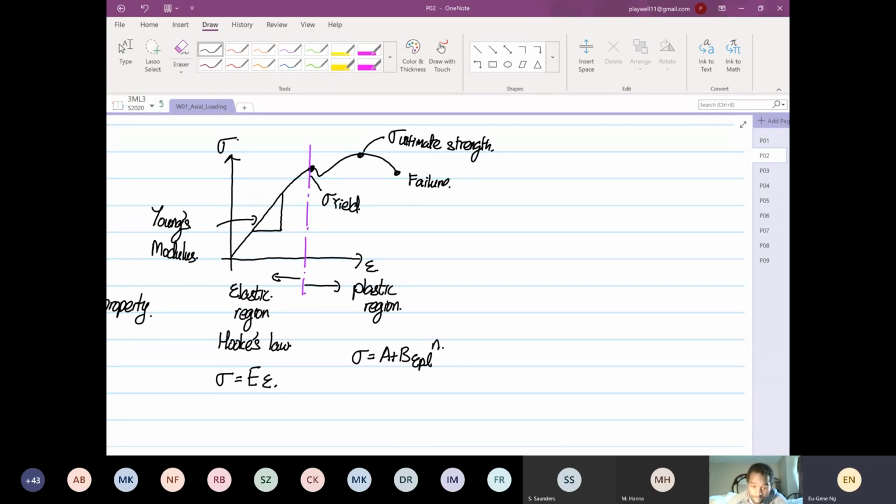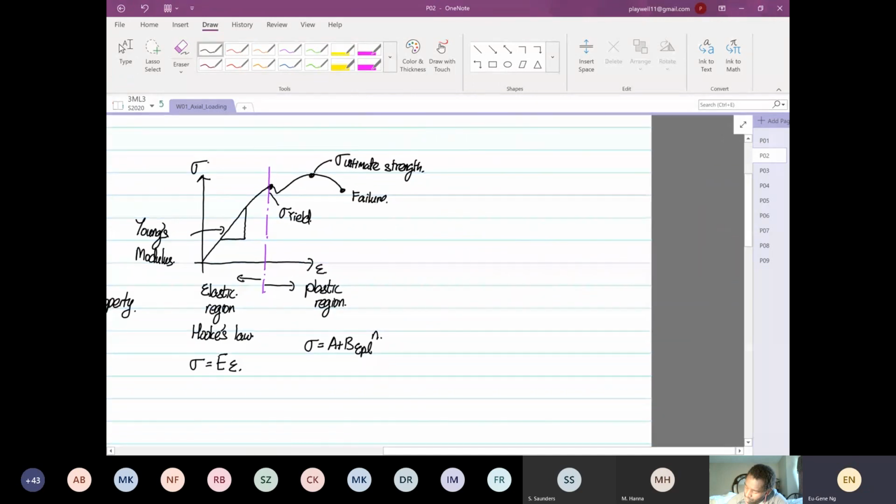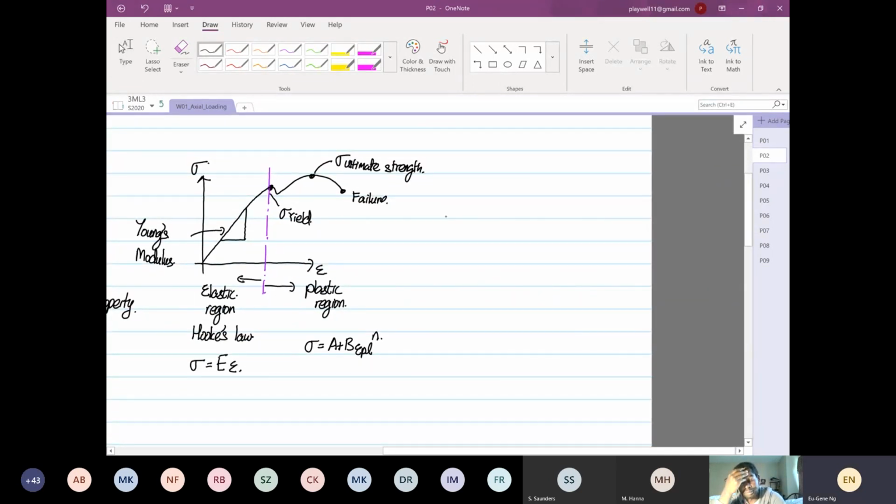Now, why am I elaborating on this? If you look at the textbook, stress allowable, or we look at factor of safety, which we call FOS. So factor of safety will be equal to what? Can anyone tell me what factor of safety is equal to?